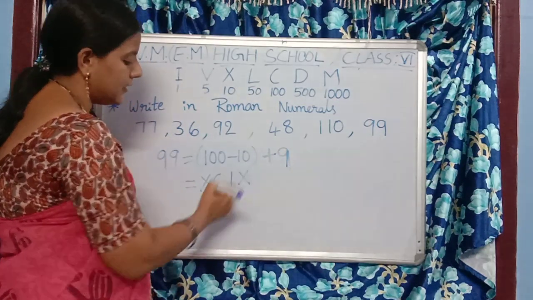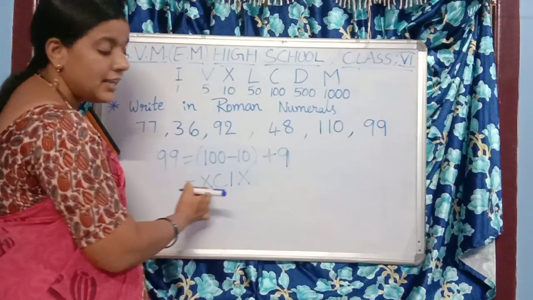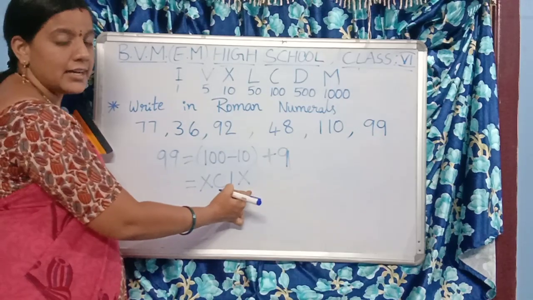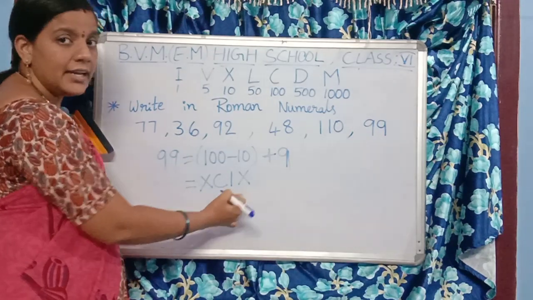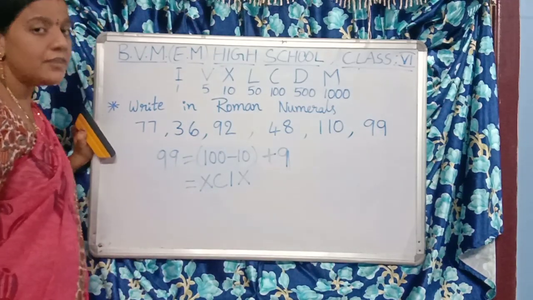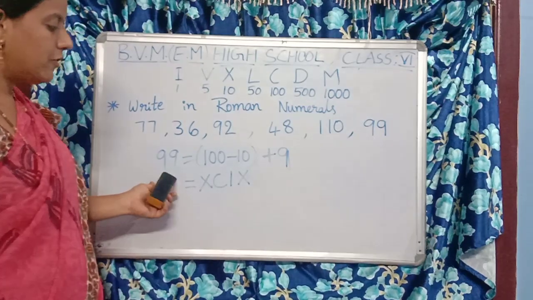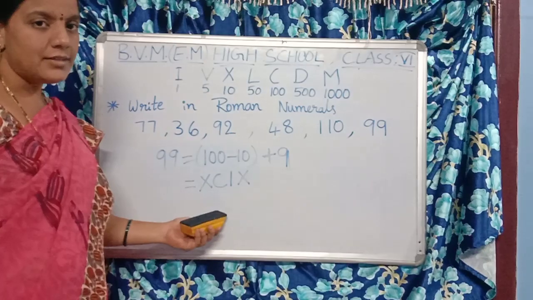XC is 90, IX is 9. 90 plus 9, 99. Like that we have to write this. Not IC. We have to write 99 like this. Okay.